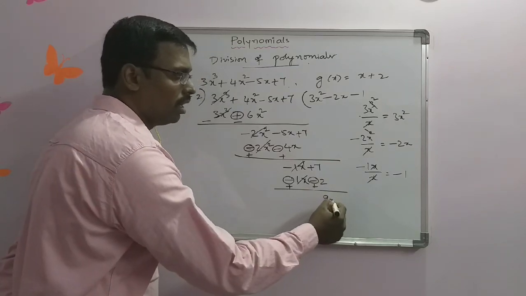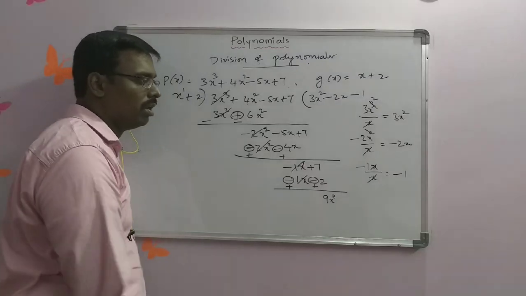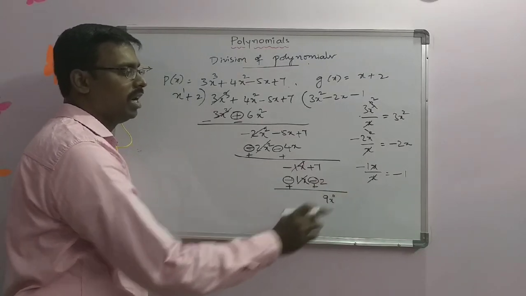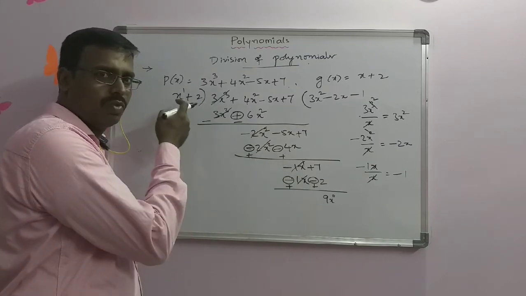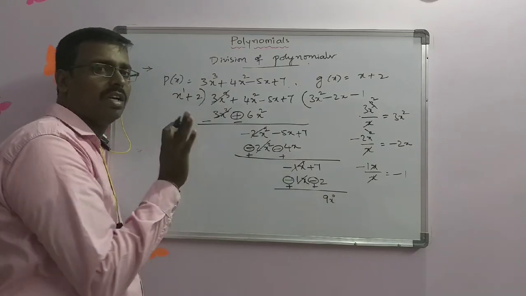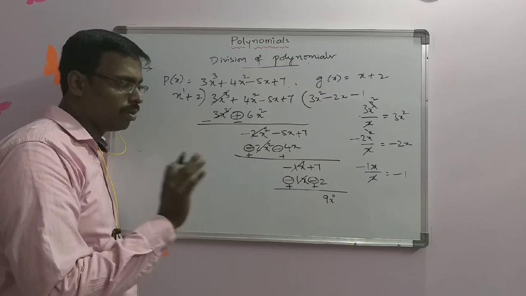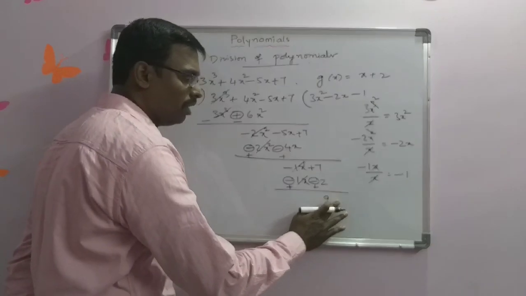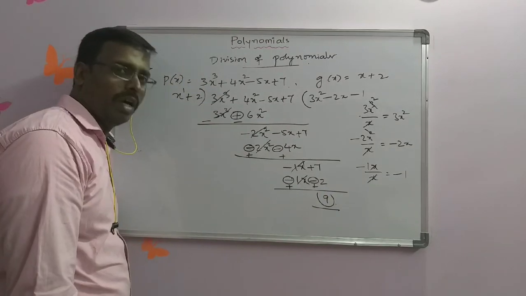Now the degree of 9 is x power 0, so the degree is 0. Here the degree is less than your divisor's degree, which is 1. When you get a lesser degree than the divisor, you have to stop the division there. You cannot proceed further. So this 9 is called the remainder.